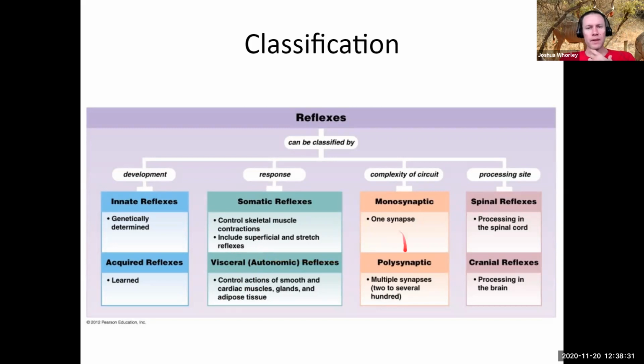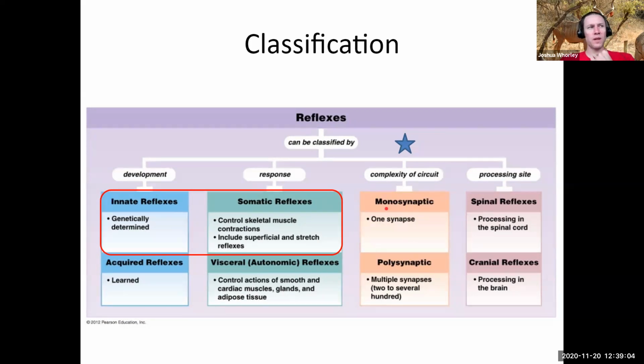And then we'll talk about simple reflexes just as an example, and monosynaptic versus polysynaptic, and that just refers to how many synapses are there in the reflex arc. And really the only one that we'll think about for the monosynaptic reflex, and there are not a lot of these, are spinal reflexes that are so critical for survival, so critical to prevent damage to the body, that there's only a single synapse in there.